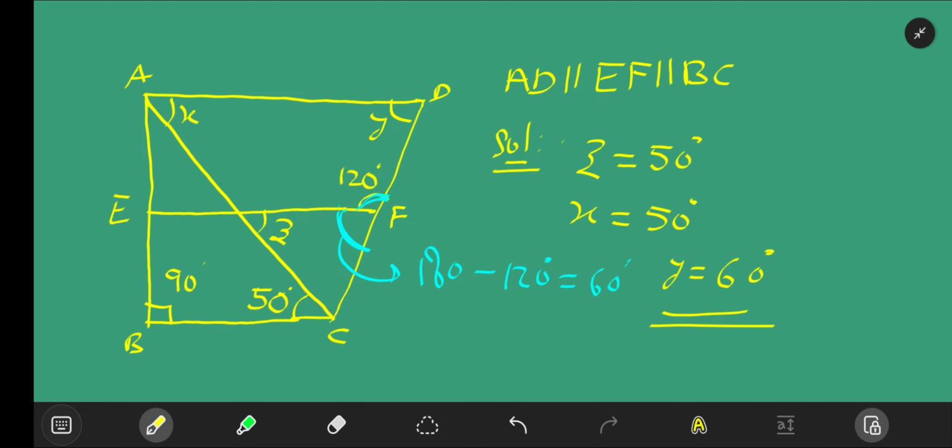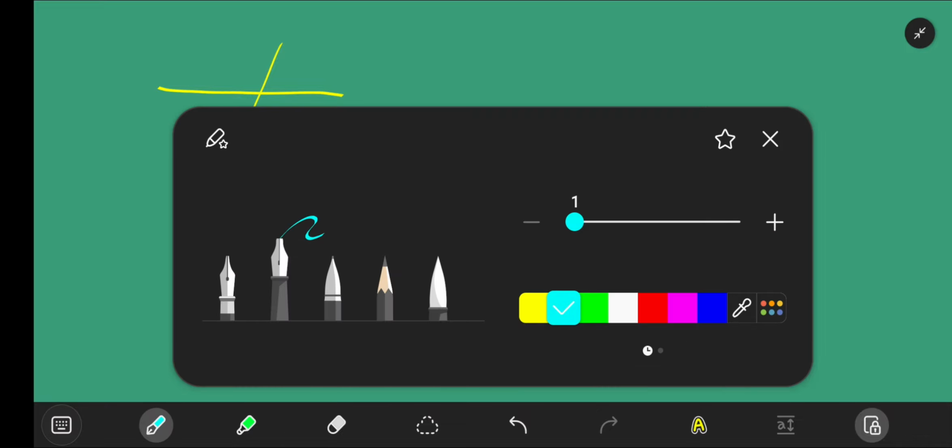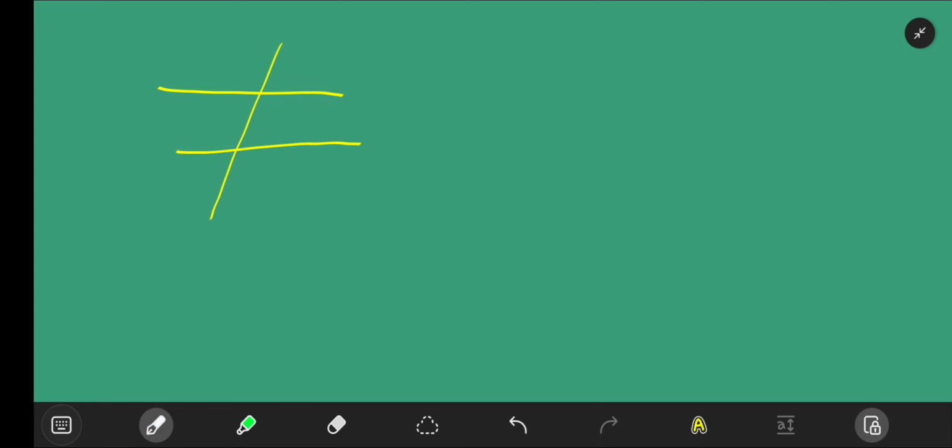I think you people are confused with corresponding angles, alternate angles, and vertically opposite angles. I will tell a small trick to remember. Here, two parallel lines, and this is a transverse line. And if you see here, according to alternate angles, this Z is forming here.